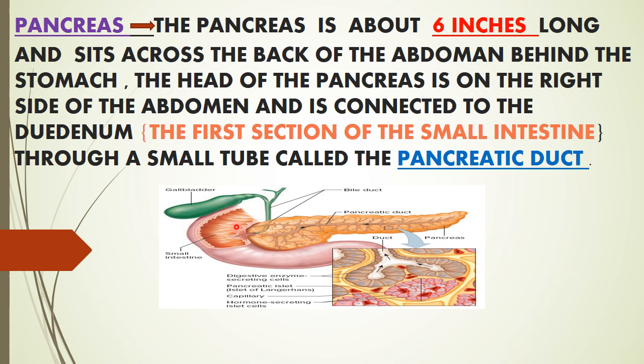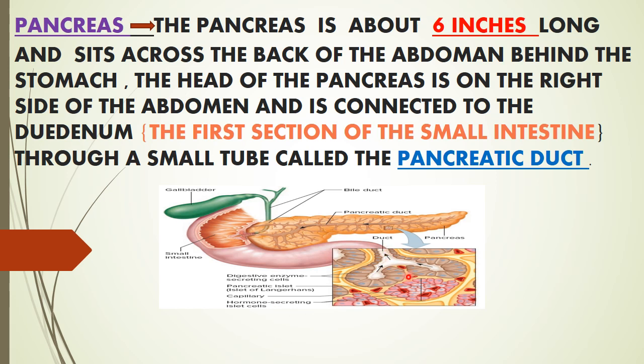This pancreatic duct connects to the shortest part of the small intestine, called the duodenum. Duodenum is the first and shortest segment of the small intestine. Keep in mind, the duodenum is the first and shortest segment of the small intestine. I hope you can now easily define the location of the pancreas.